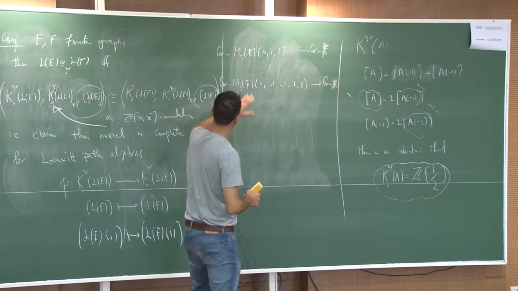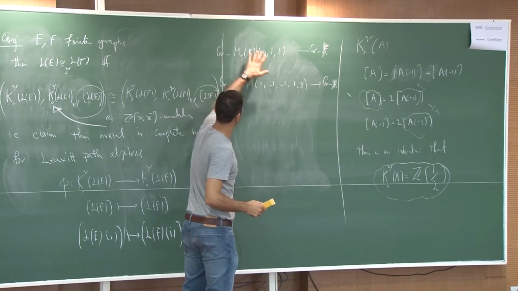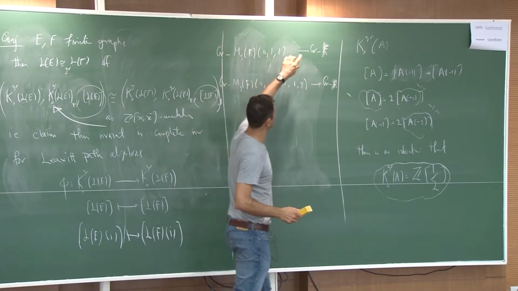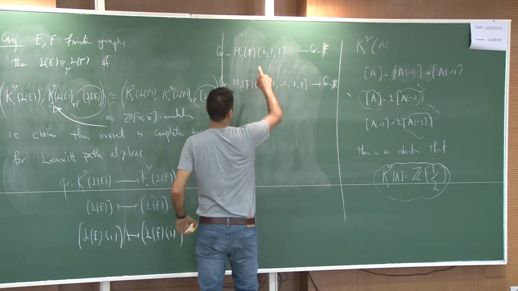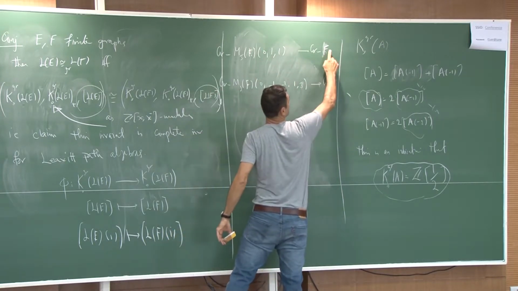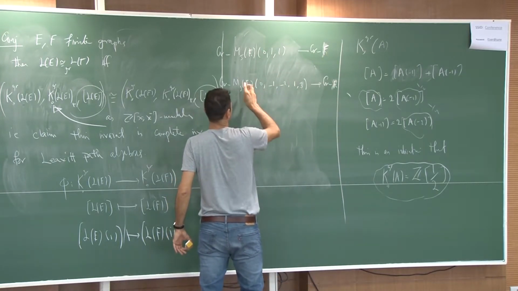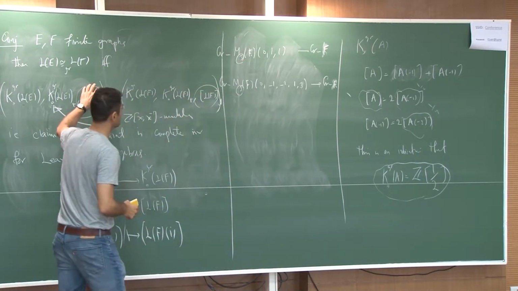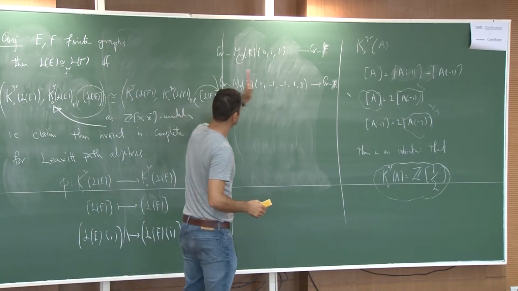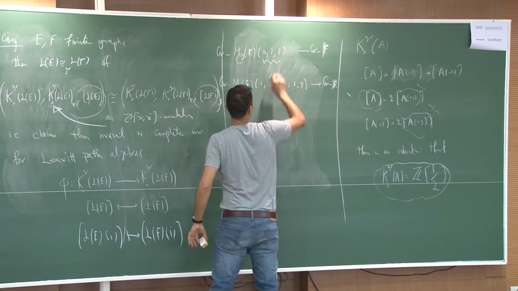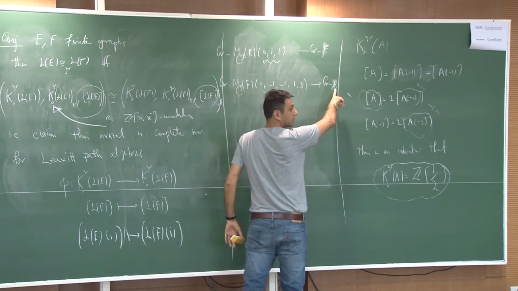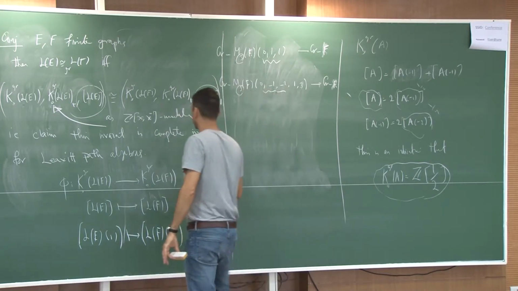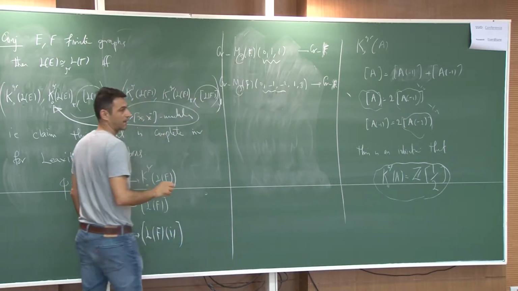If you look at the graded modules over this, the category of graded modules, there is a Morita equivalence between this and this one here. Therefore, the graded K0 is the same as the graded K0 here. So it doesn't see this 5 again. The second thing is that if I just use graded K0, it doesn't matter what is here, I always end up with F. So graded K0 in itself does not see the shift. That's why I need to put this.